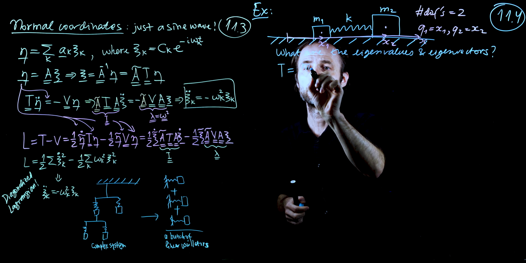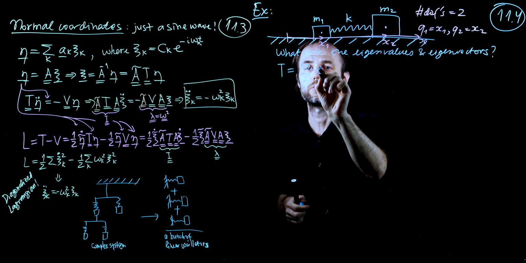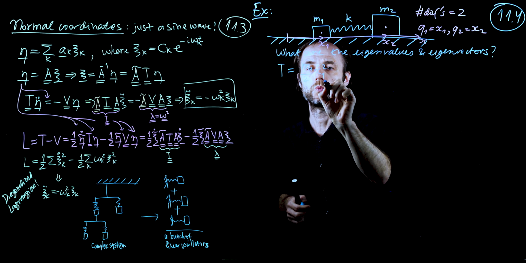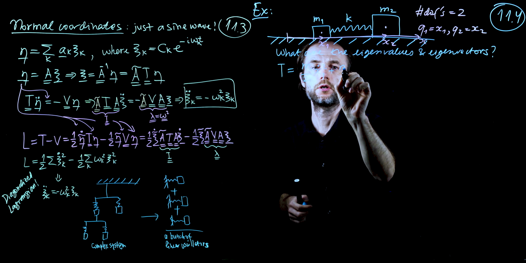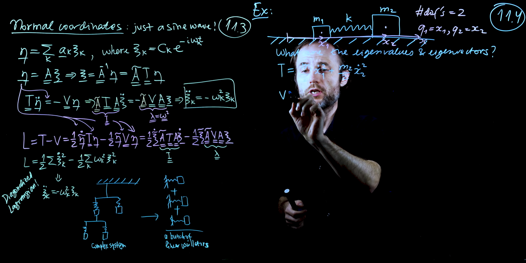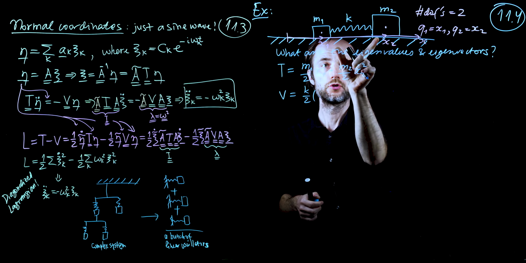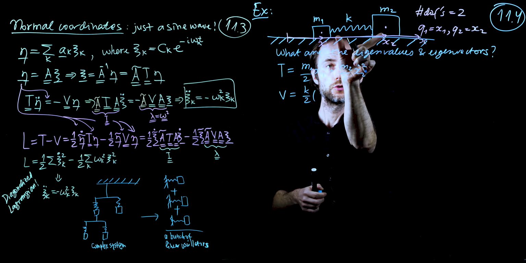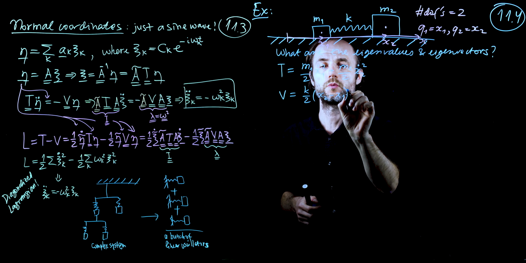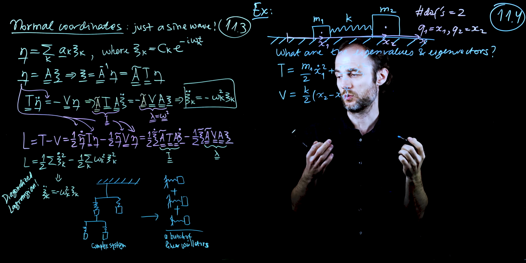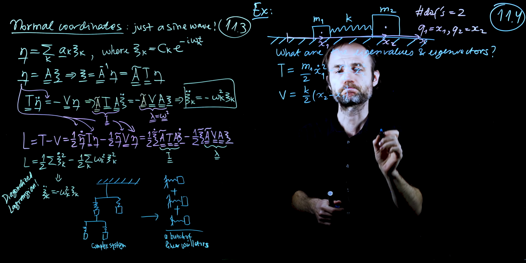It is m1 over 2 times x1 dot squared plus m2 over 2 times x2 dot squared. Our potential energy is going to be k over 2 times the distance between the two masses. So it will be x2 minus x1 squared.